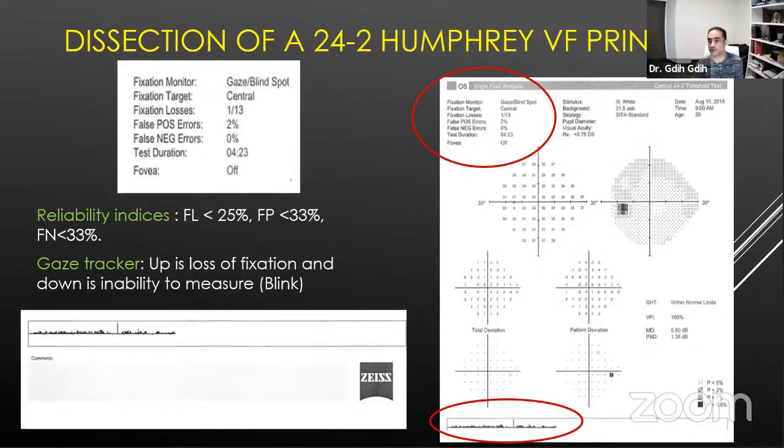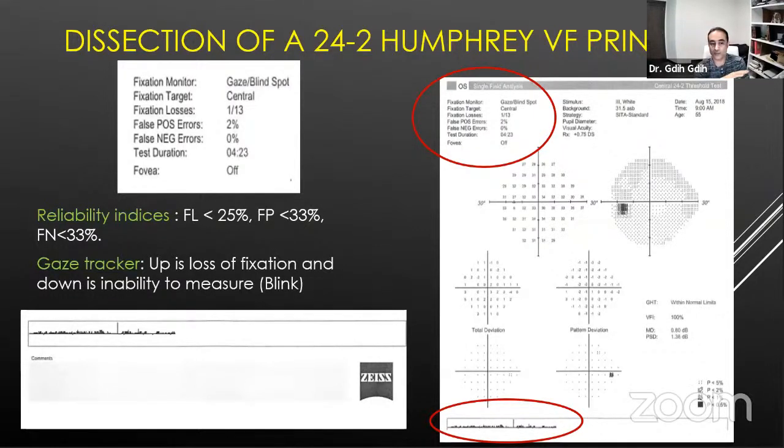It goes back to the blind spot it determined in the beginning and tests it. If the patient responds yes to the blind spot, the machine says this patient did not keep fixation, they looked away, that's why they see it, and it records a fixation loss. So we don't want more than 25% fixation losses.